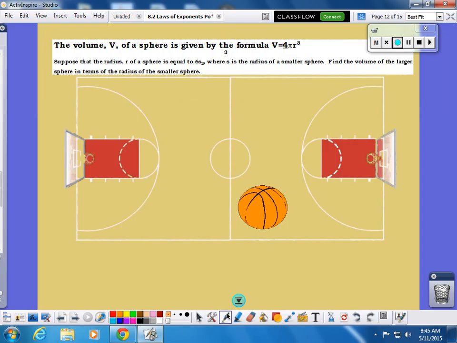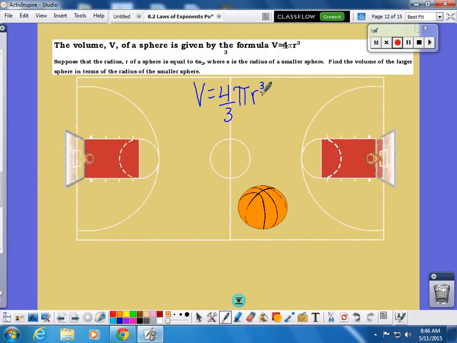Alright, look in your books. Open up your books to page 380. Here's a better view of the formula.